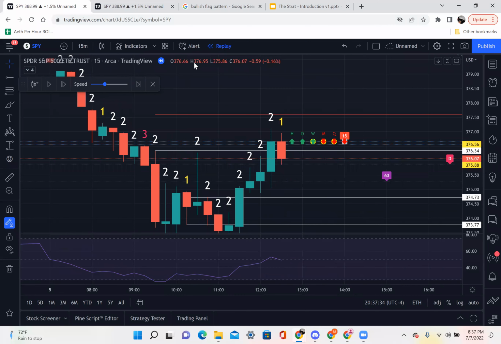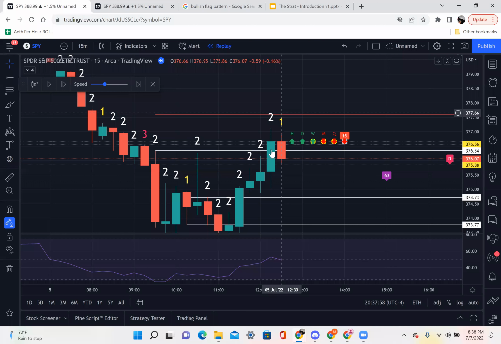The O stands for opening, the H stands for high, the L stands for low, the C stands for close. The numbers that you see here, whether negative or positive, let you know where that candlestick closed, whether it closed negative 59 cents, right? From its opening price, right? From this opening price. So it's letting you know, and it's just telling you the percentage move, right?